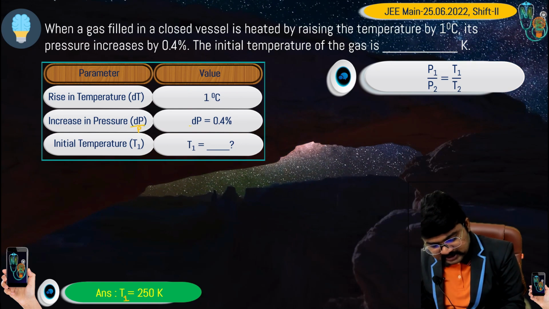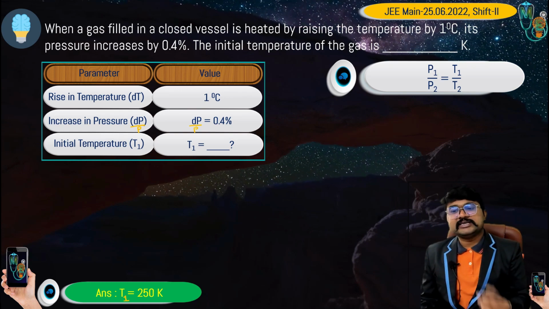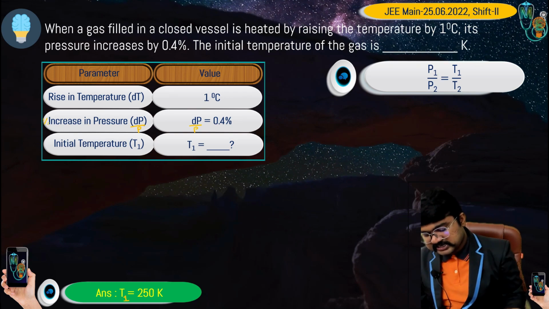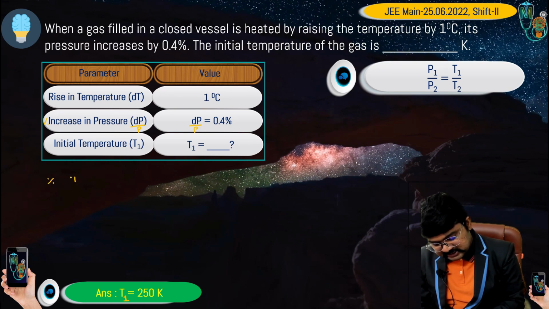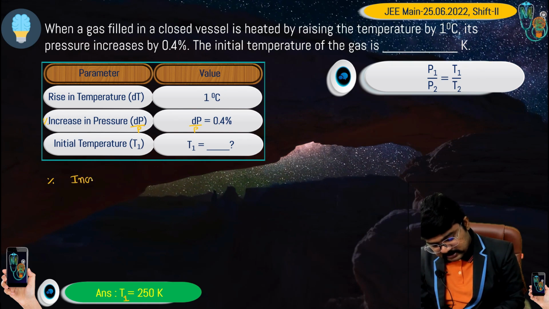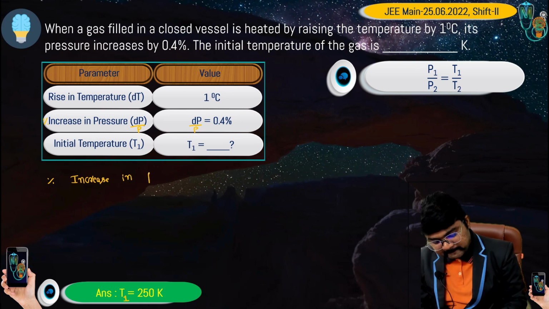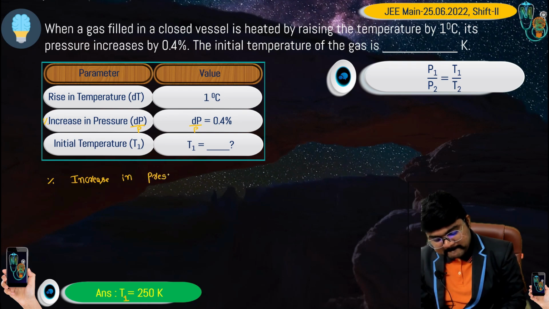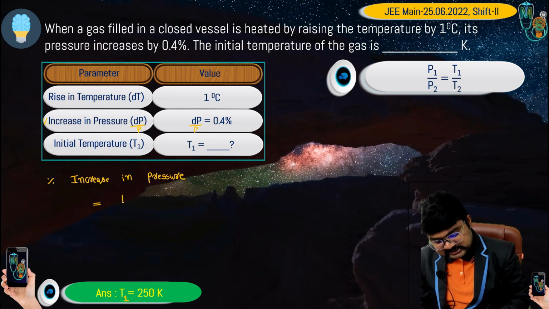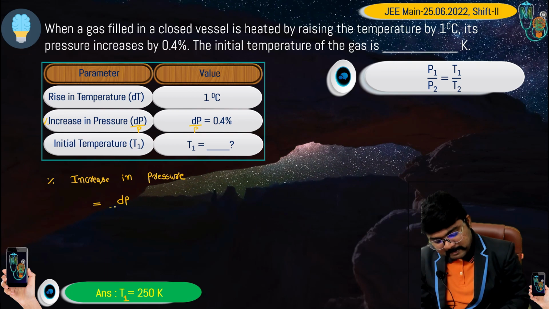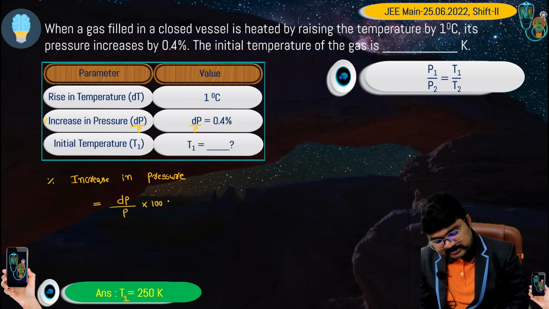This would be dP by P. Percentage increase in pressure in the sense you need to write like this: change in pressure by original pressure into 100%.